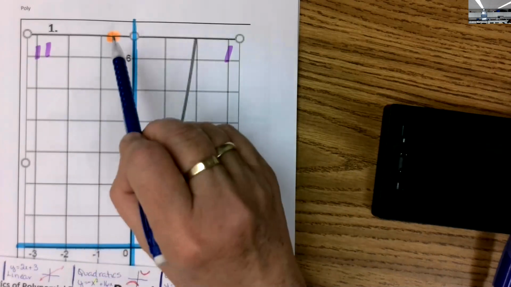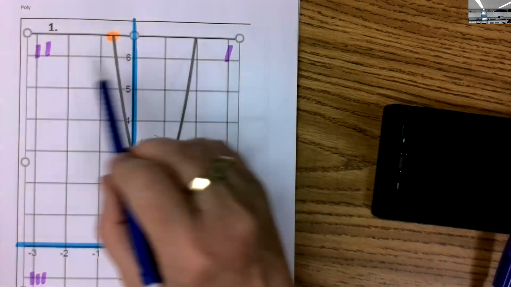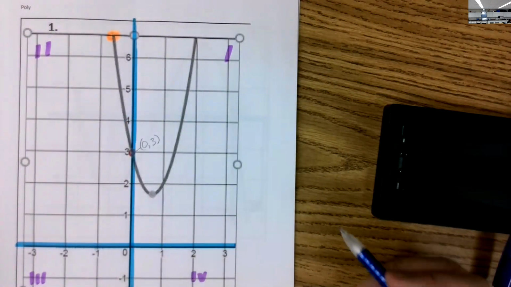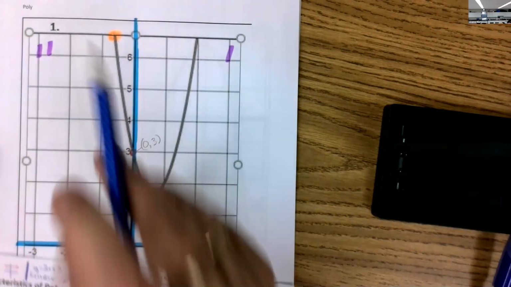Jose, what quadrant is this orange dot in? Is it 1, 2, 3, or 4? One. It is over here in quadrant 2.